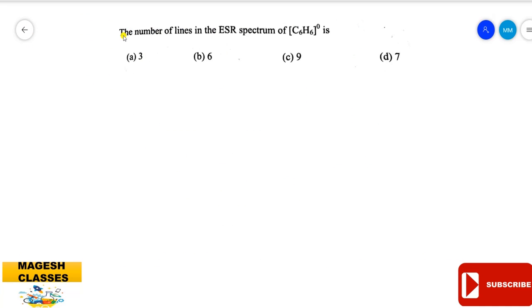Question number 1. The number of lines in the ESR spectrum of the benzene radical. In the ESR spectrum, the number of lines is given by the formula 2nI plus 1. Here n is the number of equivalent atoms and I is the nuclear quantum number.